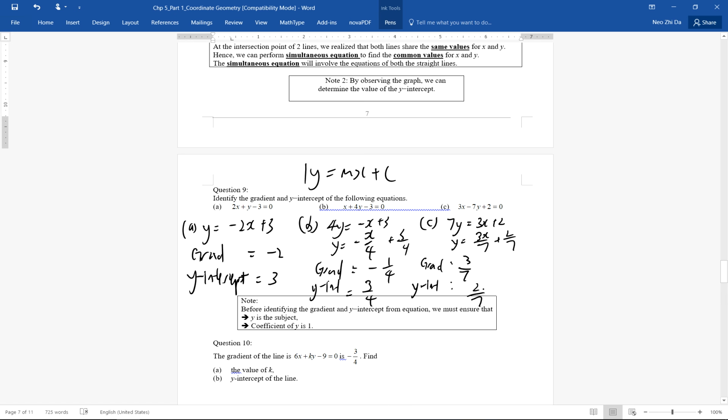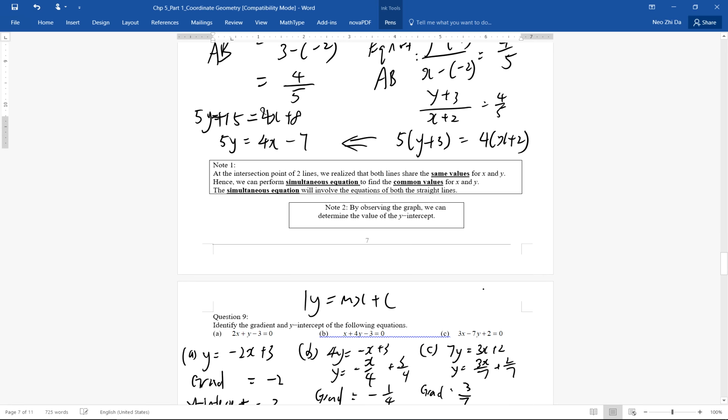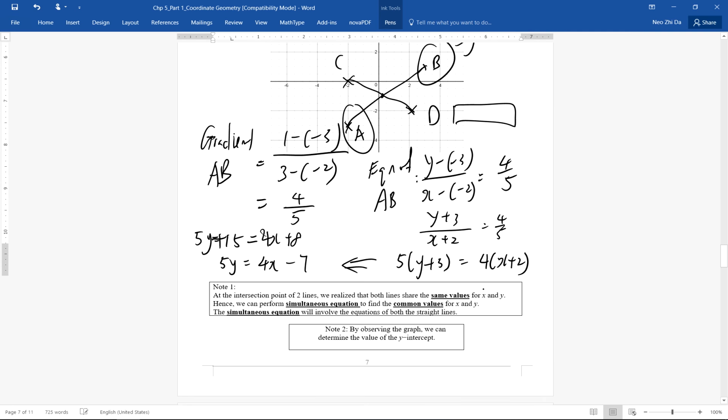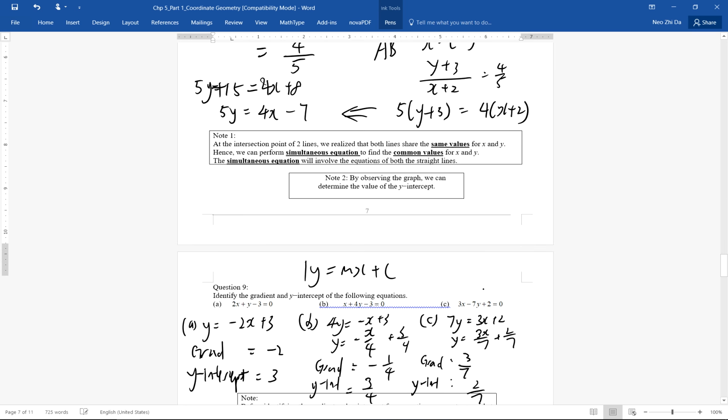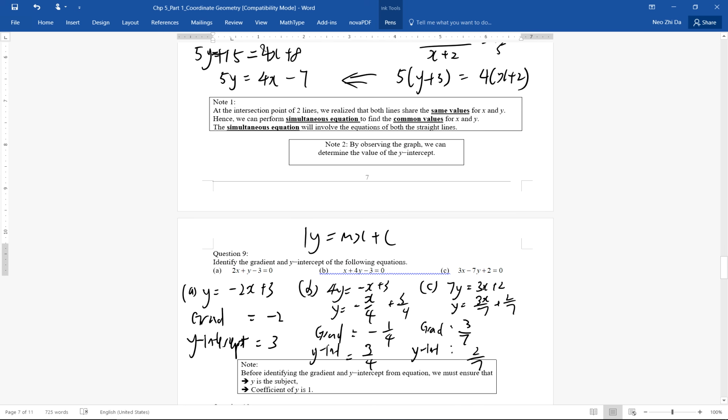So with this, I want you to apply what you have learned. Using gradient and one pair of coordinates on the line, you know how to form the equation. If provided with the equation, you also know how to identify the gradient and the y-intercept.